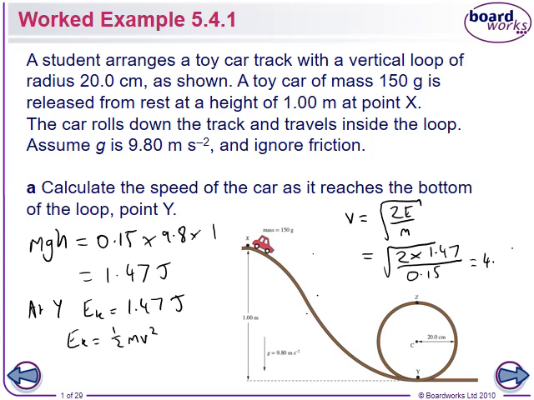So if you put that into a calculator, you should get 4.43 metres per second. So that is our speed. All of our gravitational potential energy has been converted to kinetic energy. Once we know how much kinetic energy we have, we can work out our velocity. So that's part A done. We are travelling at 4.43 metres per second when we get to point Y.